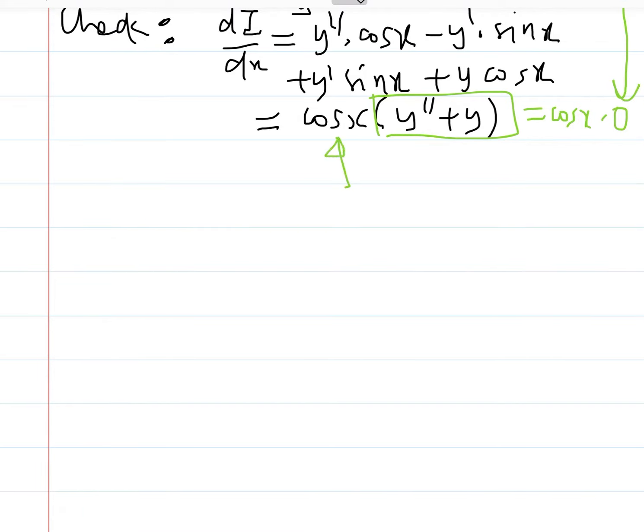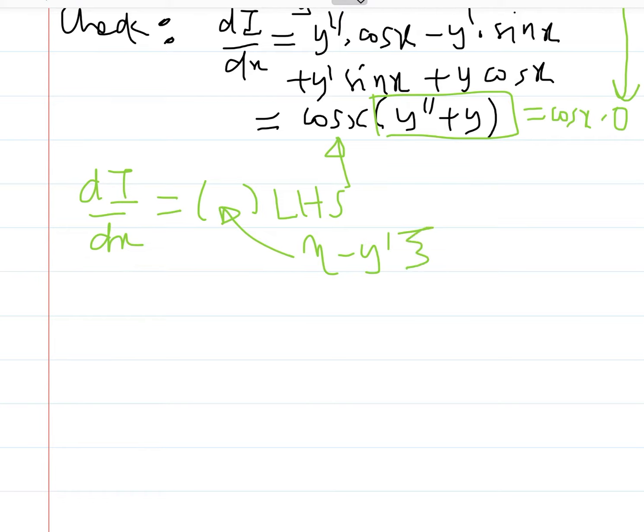It turns out always that if you check the total derivative of I with respect to x, you always get the left hand side of the differential equation, and this factor is always eta minus y dashed xi, where eta and xi come from the Noether symmetry xi d by dx plus eta d by dy.